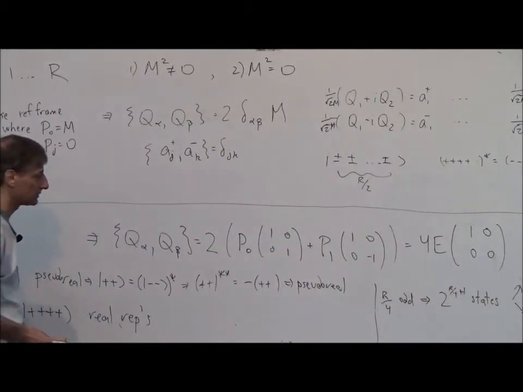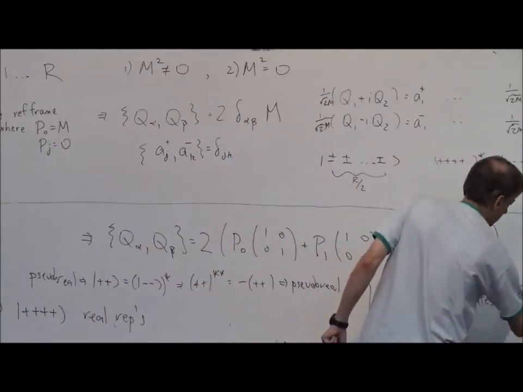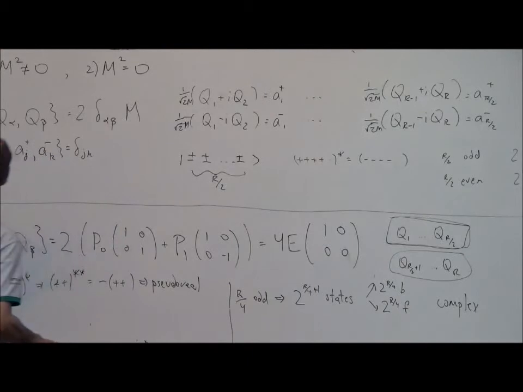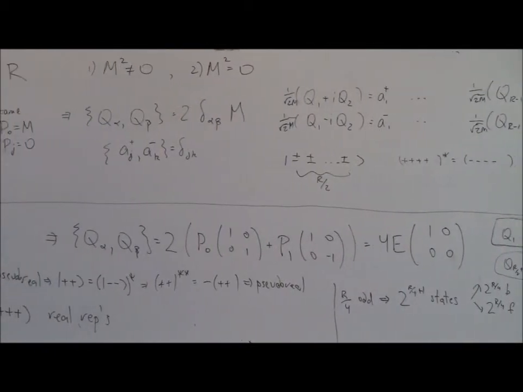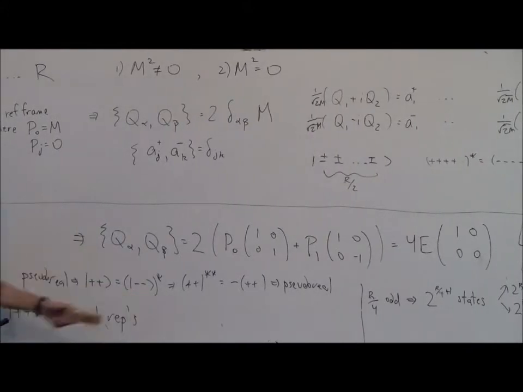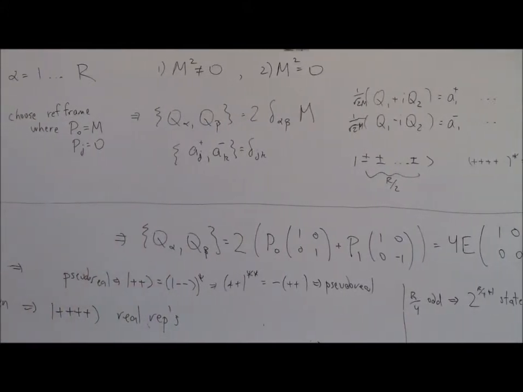It has to be complex. If R over 4 is even, there are 2 possibilities. Either R over 8 is odd or R over 8 is even. If R over 8 is odd, it turns out the representation is pseudo-real, using precisely the same analysis we did for spinors.